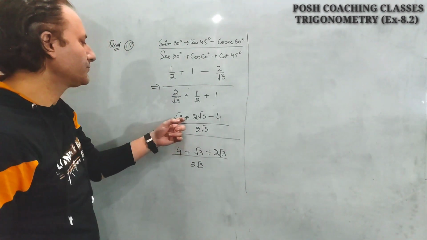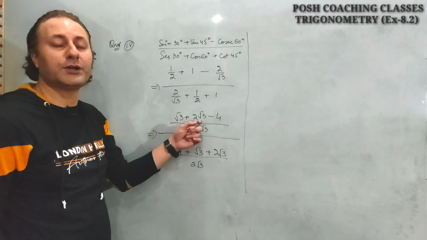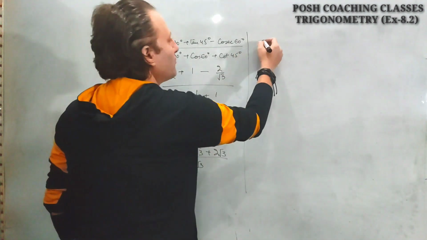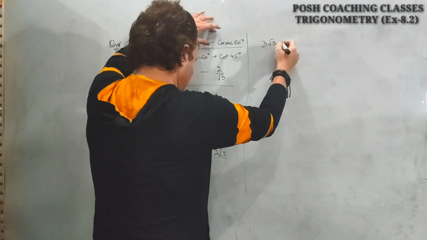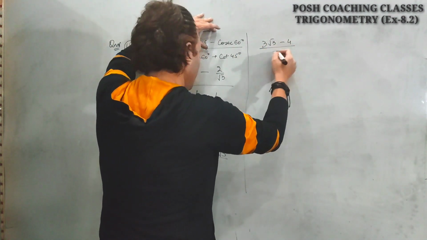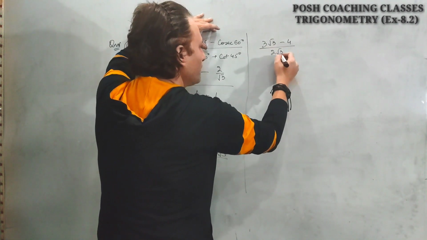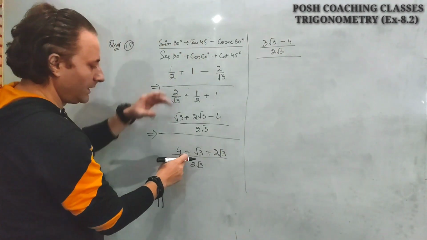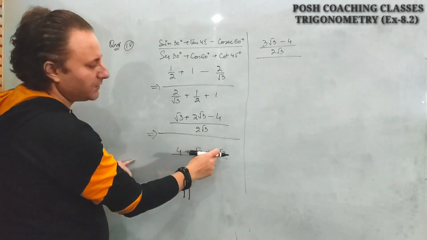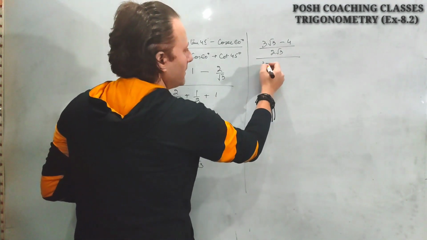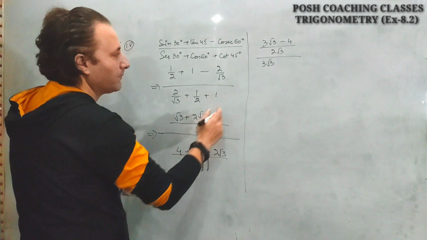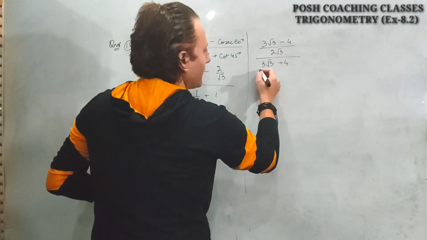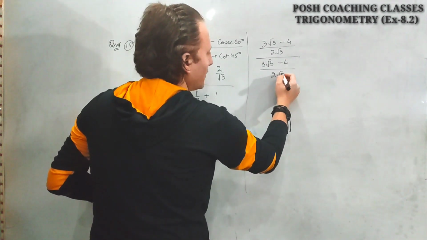If I see here, it's 3 under root 3 plus 2 under root 3. So it becomes 3 under root 3. And then I have minus 4 whole divided by 2 under root 3. Then again here I have 3 under root 3 and 2 under root 3, that is 3 under root 3. And now I have plus 4 and then whole divided by 2 under root 3.